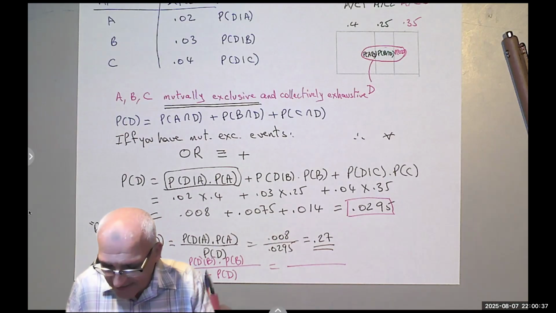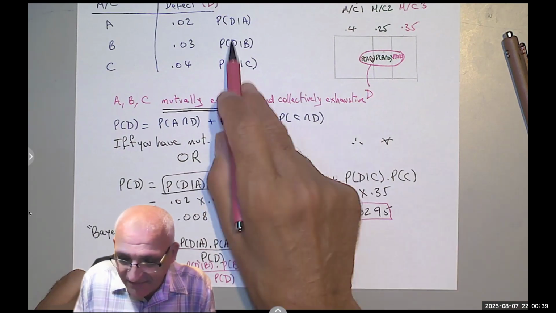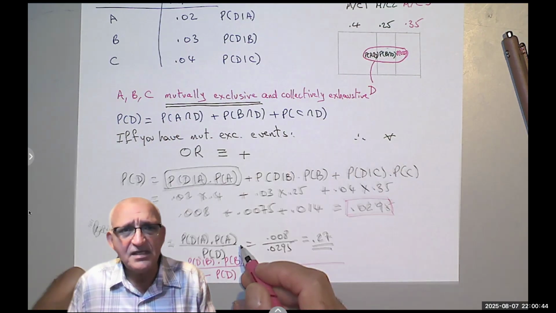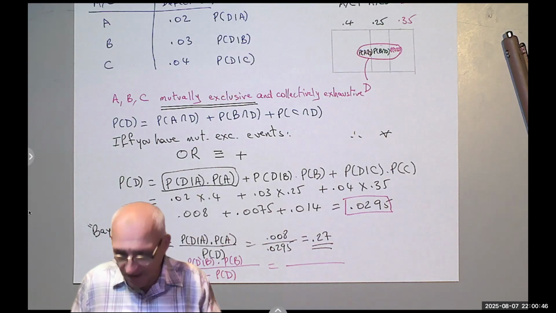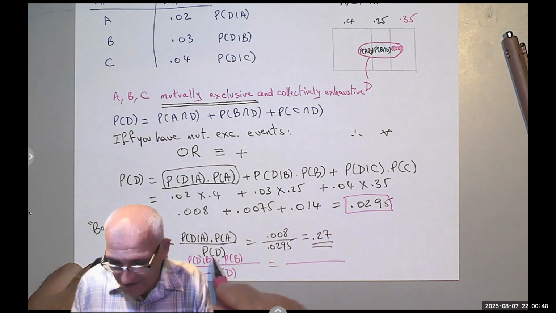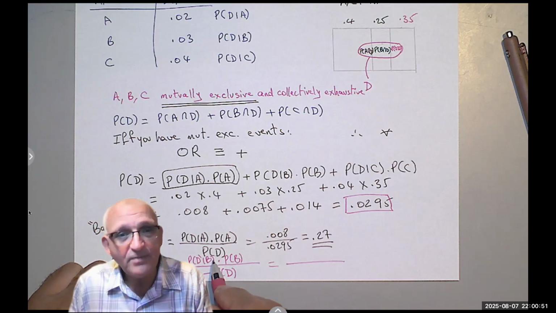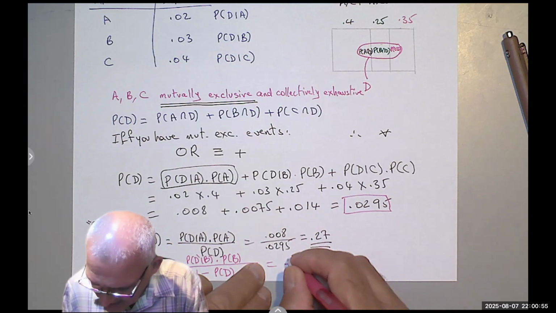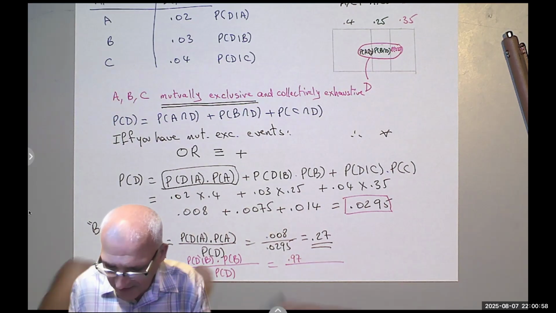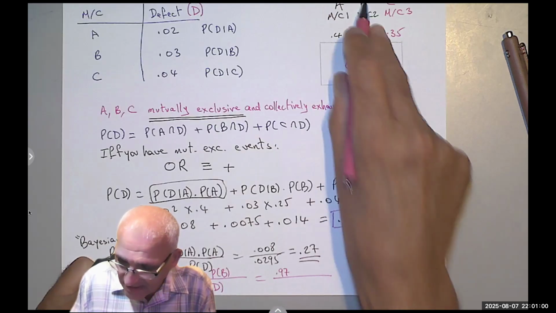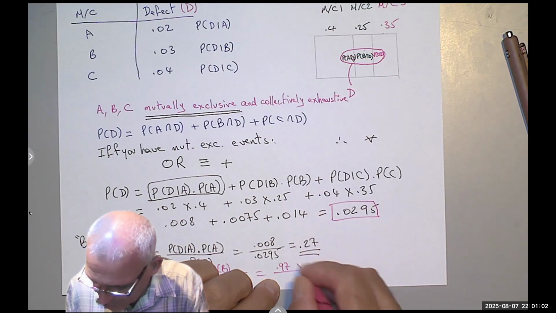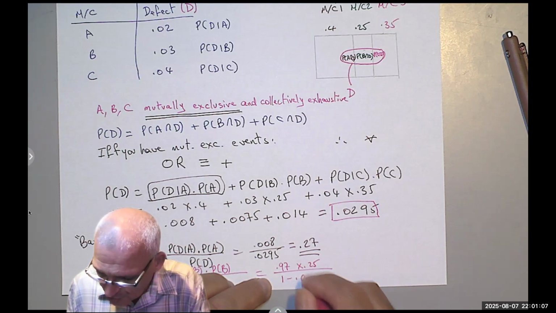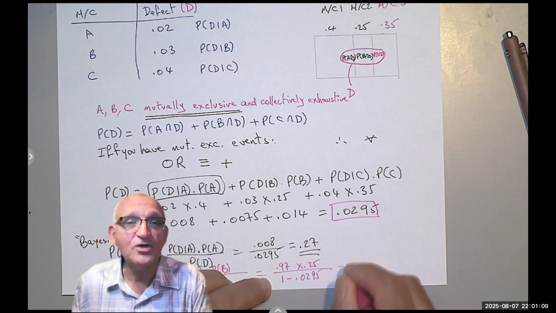I know that the probability of defective given B is 3%. So not defective given B would be 97%, meaning the probability that it's coming from machine B. What is the probability that it's not defective? You'd say, oh, if it's 3% defective, then it's 97% non-defective, times the probability of B, it's coming from B, which is 0.25, divided by 1 minus 0.0295 equals.